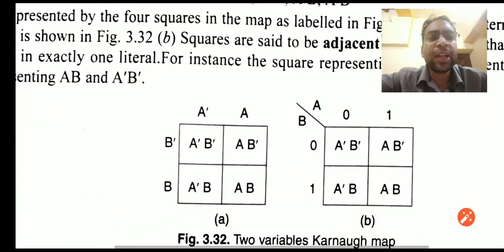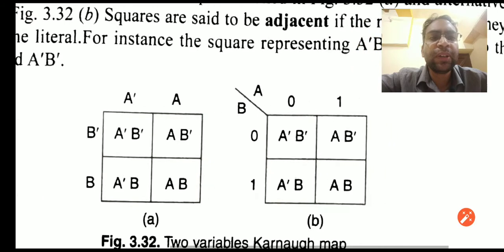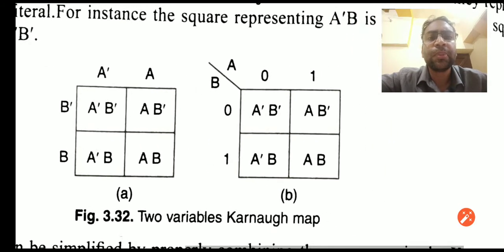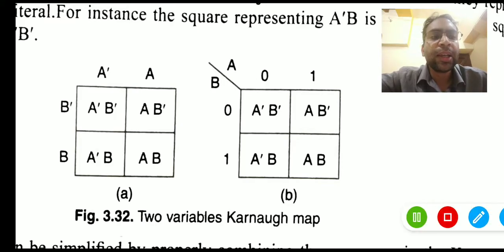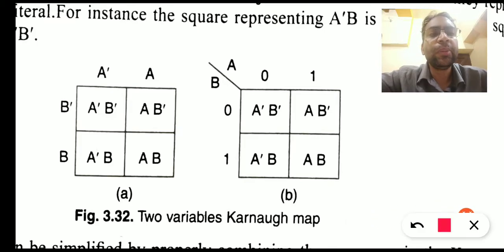So let's look at the Kmap. This is figure number b, representing the Kmap of 2 variables a and b, where 0 indicates a bar and 1 indicates a. You can see the first column is representing a bar b bar, as we have 0 at both the locations.